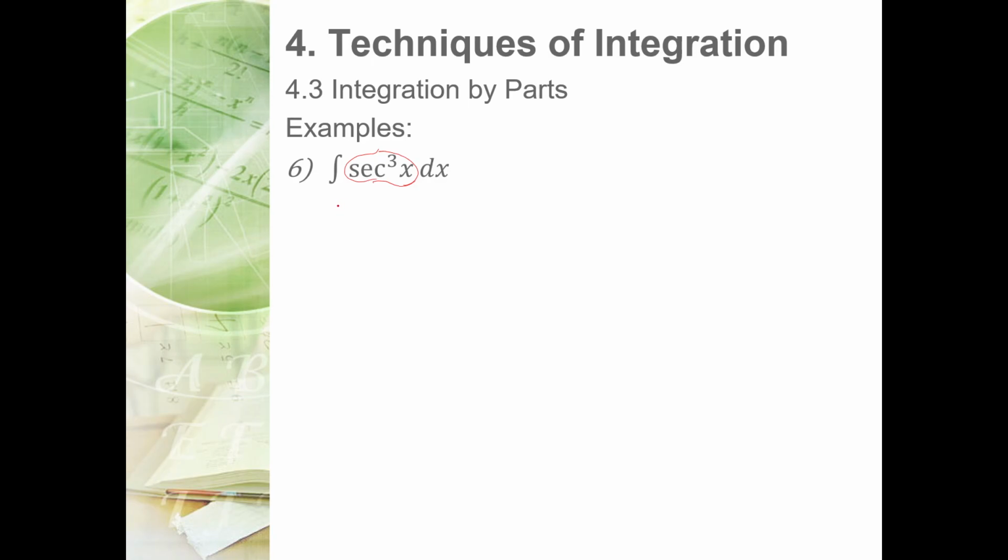Okay, so again, if you try to rewrite this one, this can be represented as secant x times secant squared x times dx, so that we can have a better view of the problem. So of course you can also answer this one as type B, right?